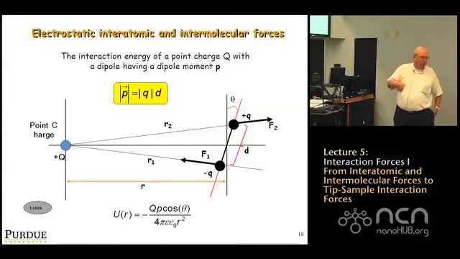If this whole system is immersed in a dielectric bath, you have to tell me what epsilon, the dielectric constant, is. This tells me what the interaction energy is for that very simple system.